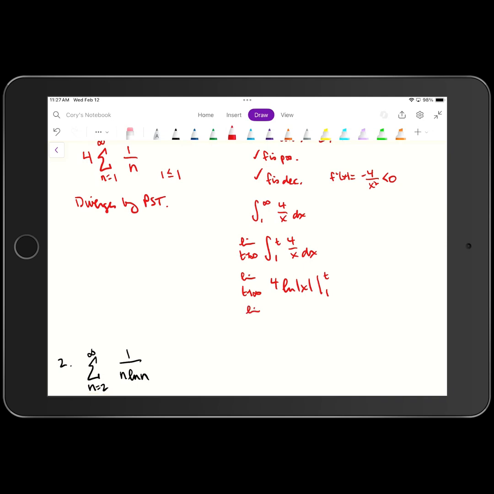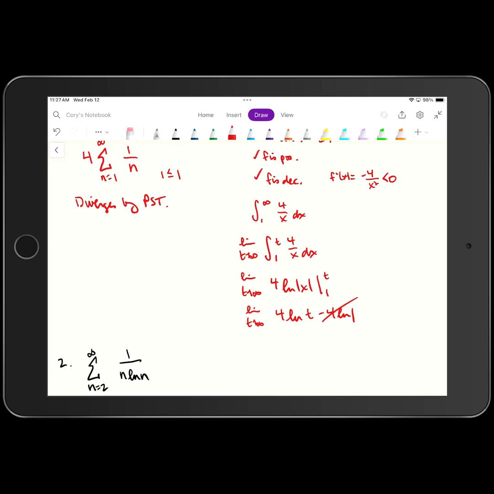So this becomes the limit as t goes to infinity of 4 times the natural log of the absolute value of t. Since we're taking the limit as t goes to infinity, I don't need that quantity inside of absolute value bars. Minus 4 times the natural log of 1. We know the natural log of 1 is 0, so that quantity goes away.